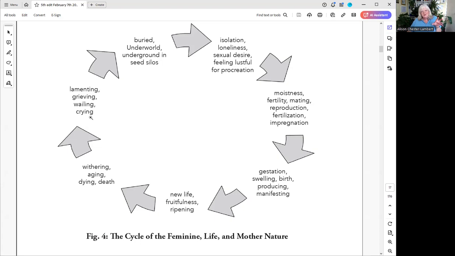what's interesting to note is if we go back a couple of thousand years to the Mediterranean, women were in charge of death. They actually had professional mourners who would wail and cry and lament at funeral services.